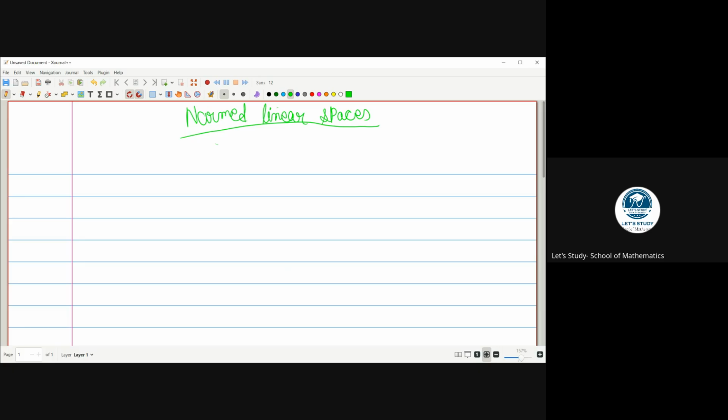Whenever I talk about anything called a field, basically I will take K. In the whole course we will assume K equals either R or C, the set of all complex numbers. V is a vector space over the field K. First, the definition I will give is what is the norm on a vector space.